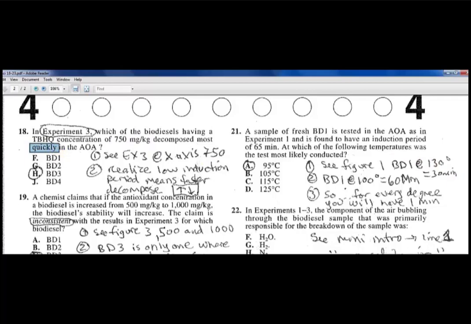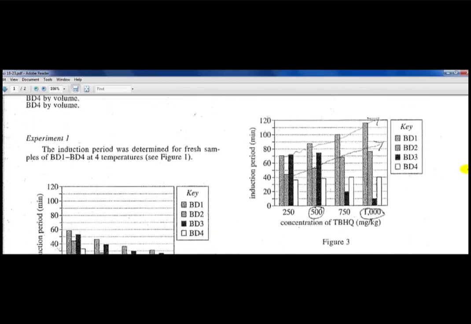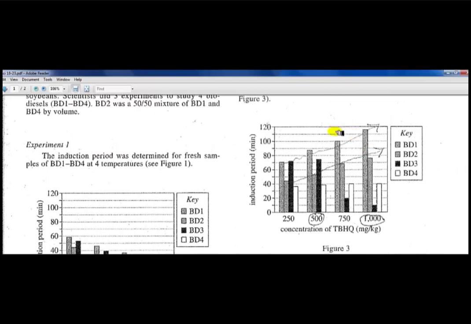Which one of these will decompose the fastest? Now, it's a matter of just looking back at figure 3 in the 750 column and realizing that the induction period means decomposition, decomposing. So which one decomposes the fastest?